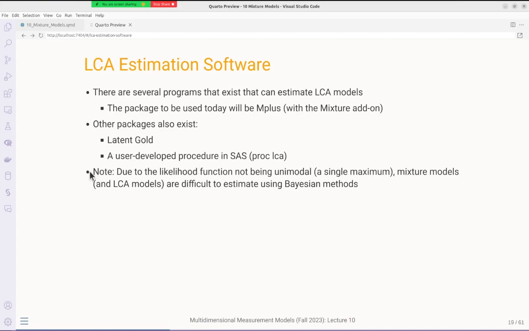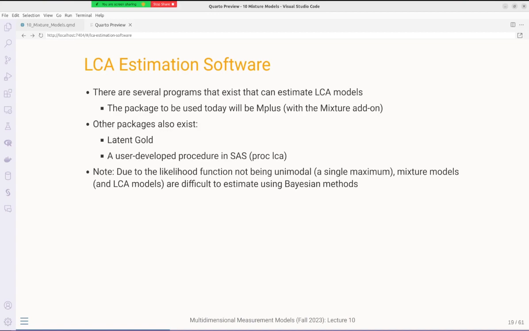One thing I will note in terms of the estimation difficulties, why these models are difficult to estimate, is that unlike the models that you've estimated at this point, these models do not have a single peak in their likelihood function. So, little did you know, the CFA models, the IRT models, everything that we've run in this class to this point, I don't believe we fit a 3PL model. 3PL is not part of this, but the 2PL IRT models and our factor analysis models are guaranteed to have a single maximum in their likelihood function.